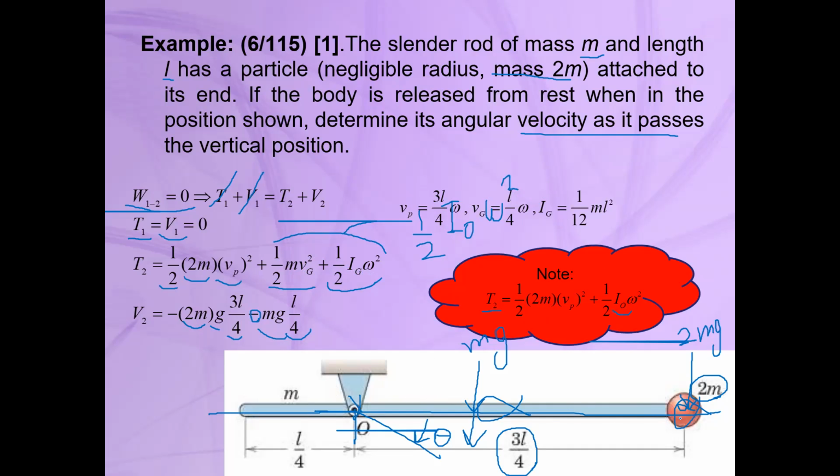Their length is the distance between the point and point O. For the particle this length is 3L divided by 4, and for the mass center it is L divided by 4. Ig for the rod, the mass moment of inertia about the mass center, is equal to 1 divided by 12 m L squared.